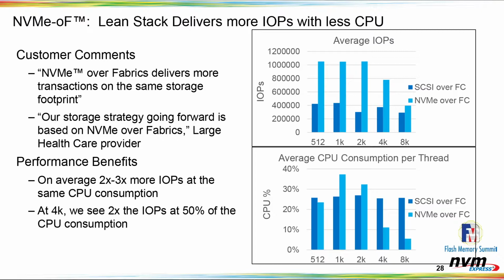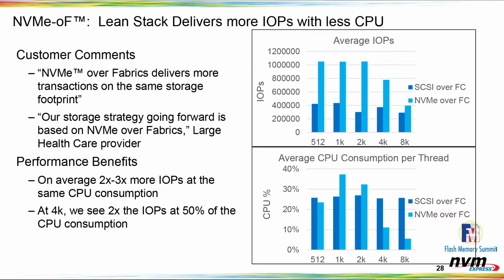What we see, and we shared this data publicly in the past, is that the lean stack delivers more IOPS with less CPU. Now this is done on SLES 12 SP3. In Linux, there's been a movement to make the initiators run faster by moving from single-queue SCSI to multi-queue SCSI, and that's included here.